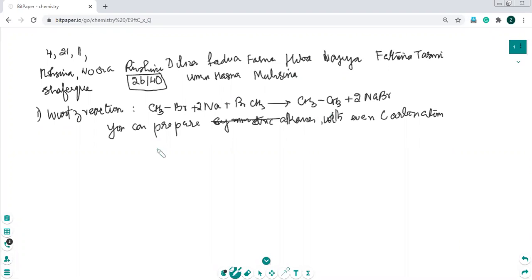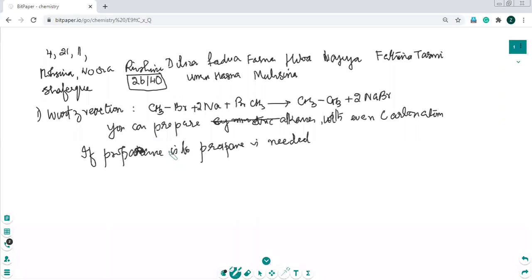Suppose I want to prepare propane. If propane is to be prepared, what should we do?